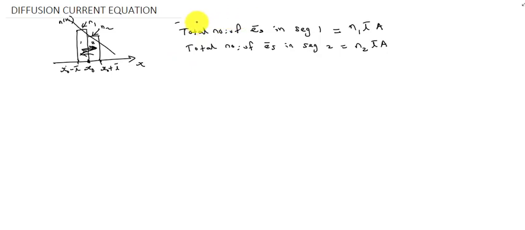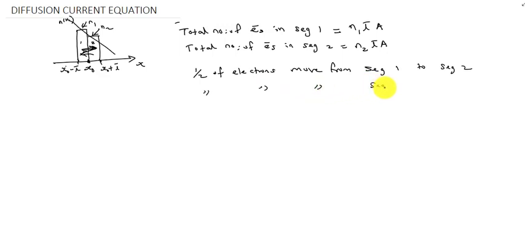So half of the electrons move from segment 1 to segment 2. Similarly, half of the electrons move from segment 2 to segment 1 in one mean free time. That is important: in one mean free time, this is the condition.